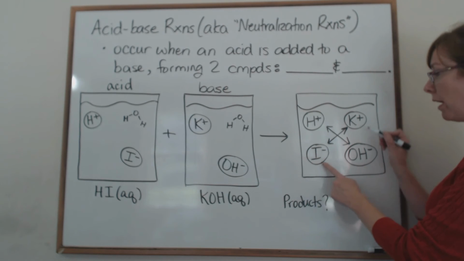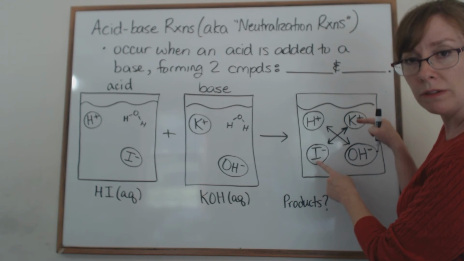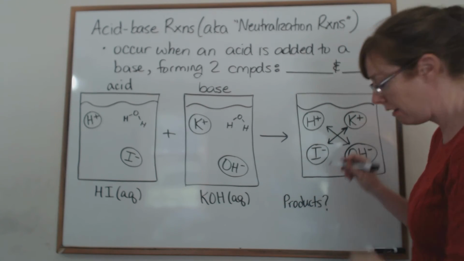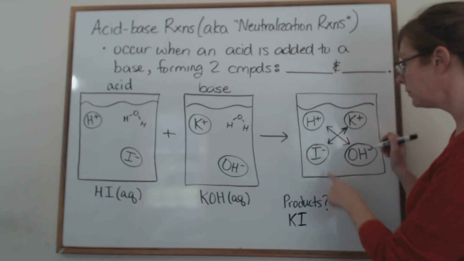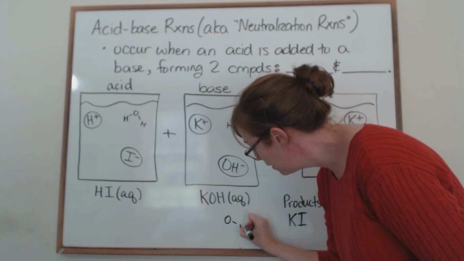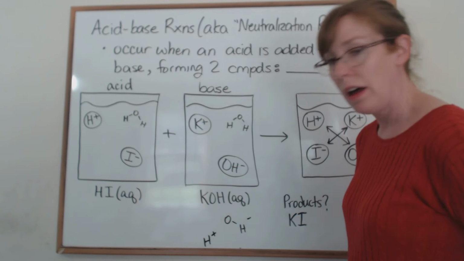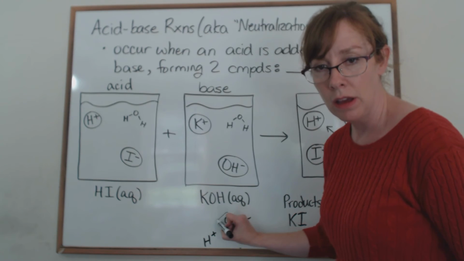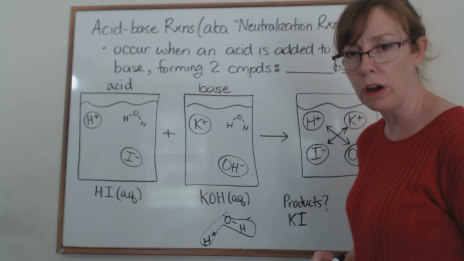So what would they be? Well, in either order, remember, cations always written first. This would give you KI, which is potassium iodide. And H and OH, hopefully you can see when this comes together, it's going to form a neutral compound called water.